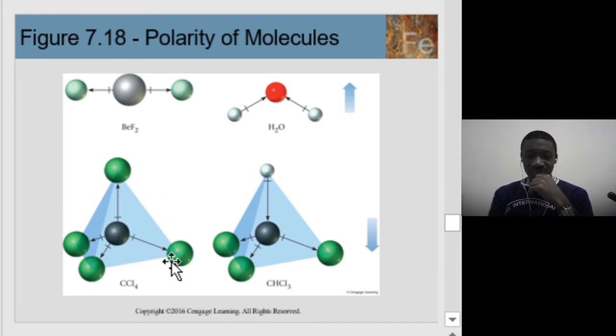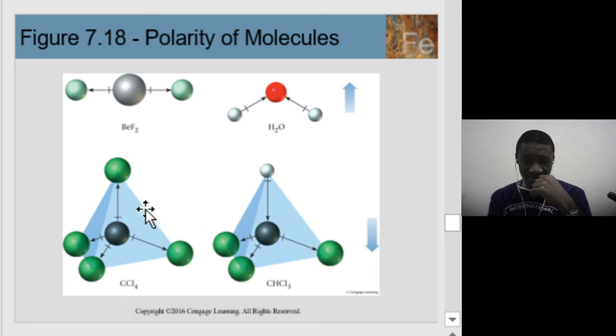And then you have this one, this is non-polar because all of this is going out. Notice that they're all going out, hence it's not polar. Then this is polar, because notice this comes in and this goes out.